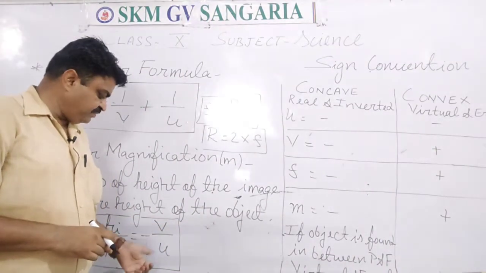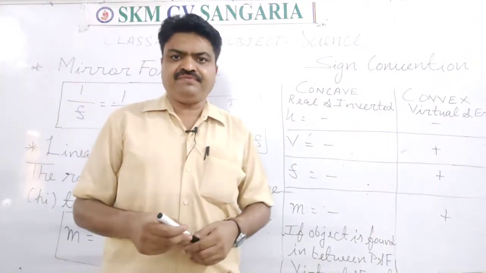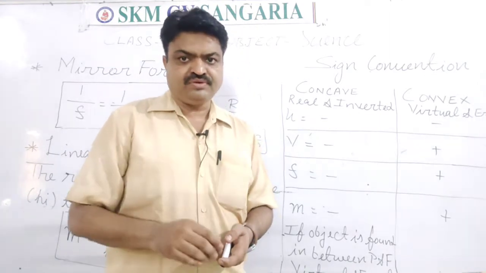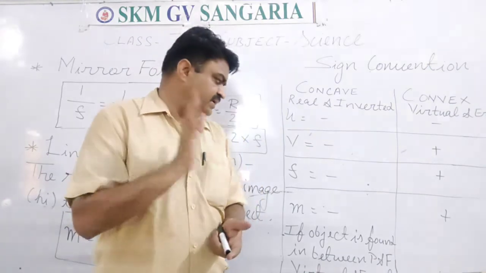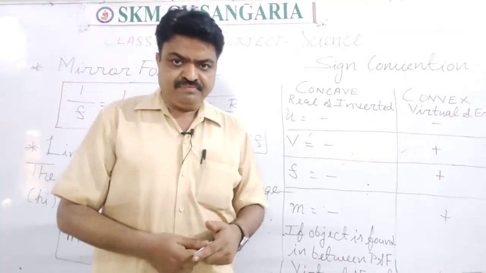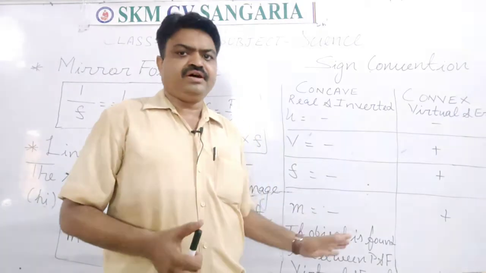So you can also use minus v upon u to find the linear magnification. In the case of a concave mirror, linear magnification is always negative, and in the case of a convex mirror it is always positive. So learn it.